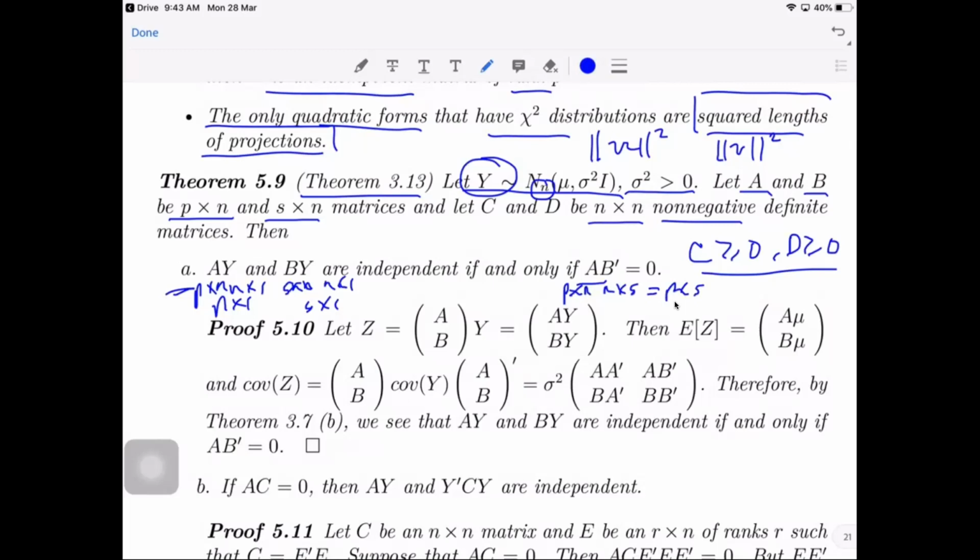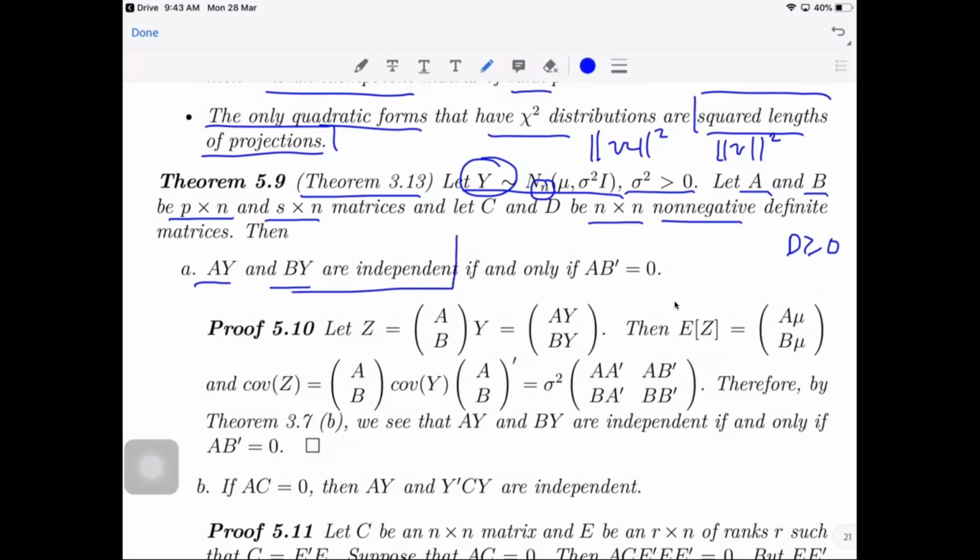So what is this theorem telling us? A Y and B Y are independent, and this is an if and only if statement, if and only if when we multiply A and B prime, that is equal to 0.